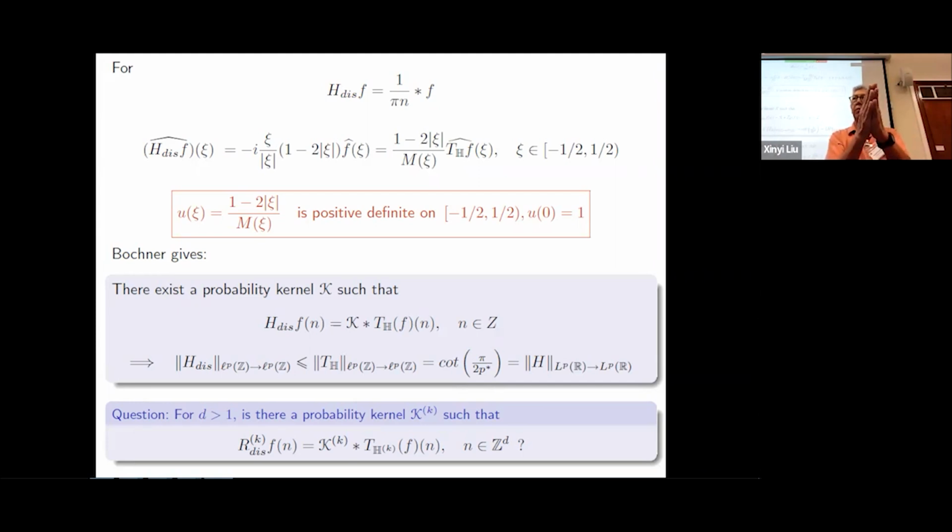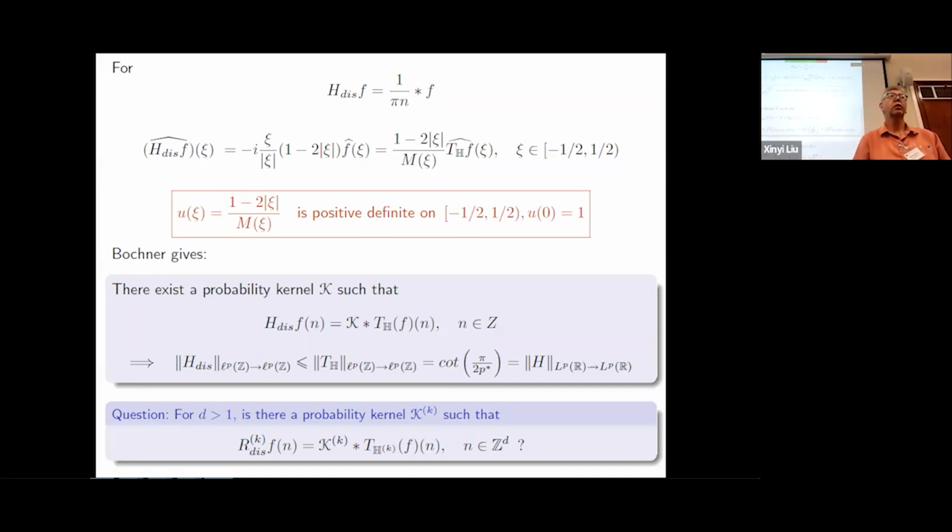And so the kernel is actually a probability kernel. I have known Bochner's theorem for a long time, but it's not that trivial to show that something is a positive definite function, because you have to check a lot of things. So it's a little bit of work here, but we did that, and so there we are.